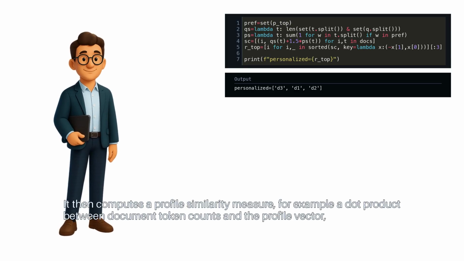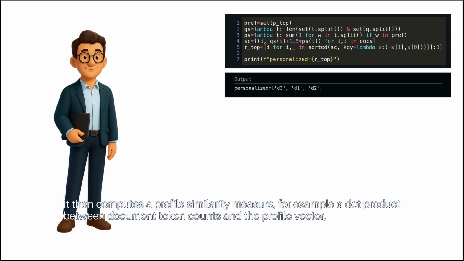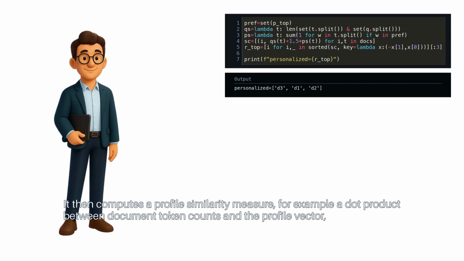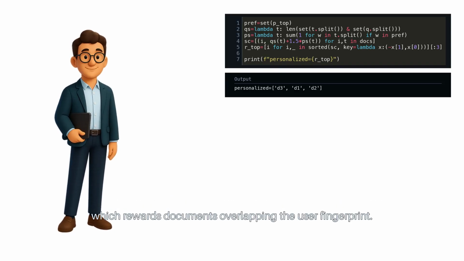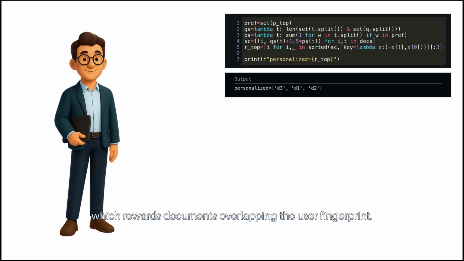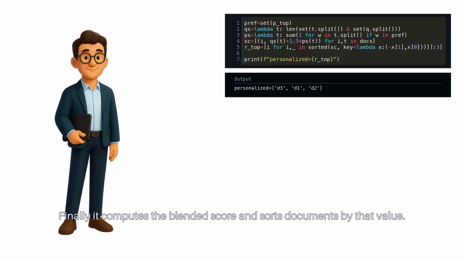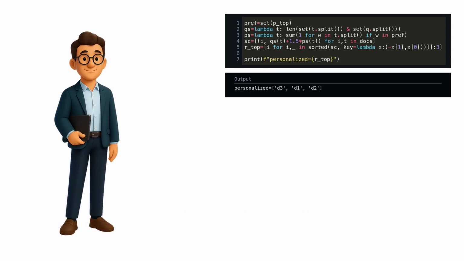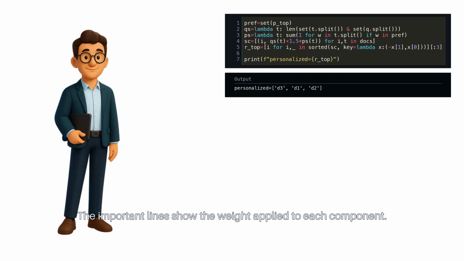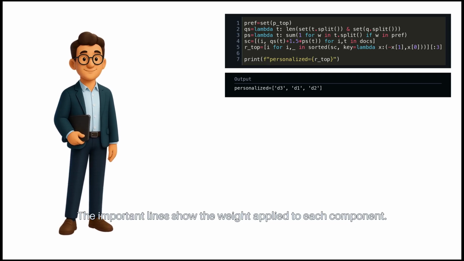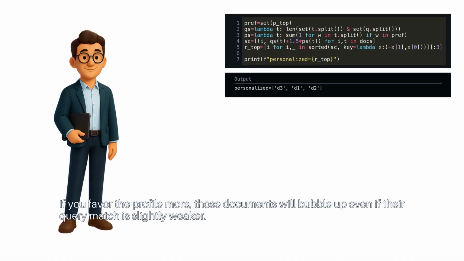It then computes a profile similarity measure, for example, a dot product between document token counts and the profile vector, which rewards documents overlapping the user fingerprint. Finally, it computes the blended score and sorts documents by that value. The important lines show the weight applied to each component. If you favor the profile more, those documents will bubble up even if their query match is slightly weaker.